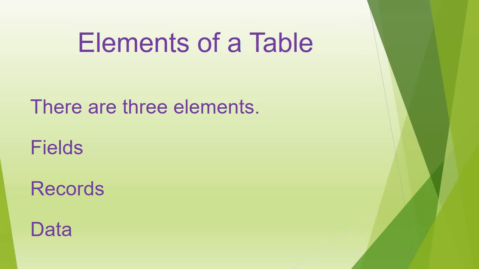Fields are nothing but columns. Whereas records represent rows. Data means the information you have entered in columns or rows. That is called data.